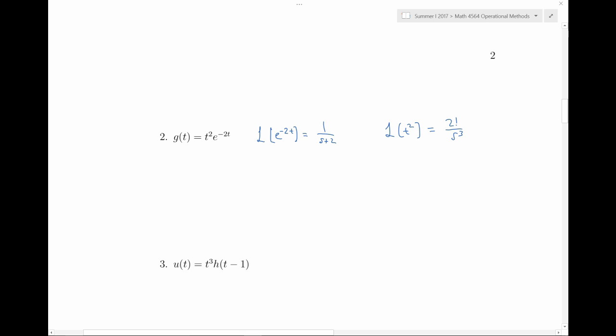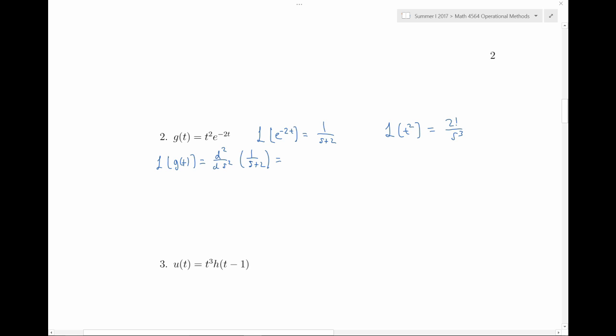So, if we try to do the Laplace transform as a moment, then that's going to be the second derivative with a positive sign in front of it, because minus 1 squared is plus 1, of 1 over s plus 2.